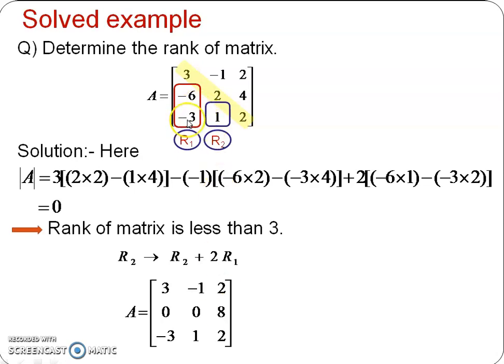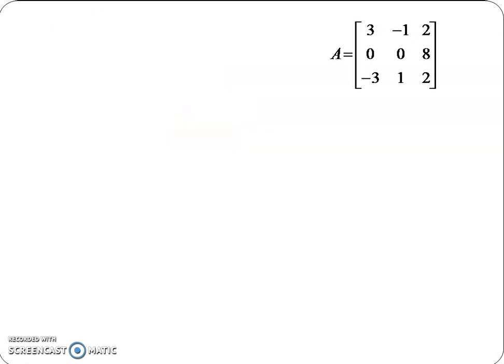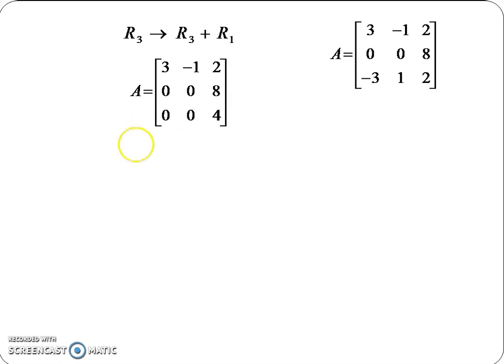Now for the third row, we have to convert this -3 to 0. For converting this, we perform the operation on row R3 with the help of R1. So the operation is R3 changes to R3 plus R1, and in that case R1 and R2 will remain as they are and R3 changes to 0, 0, 4.